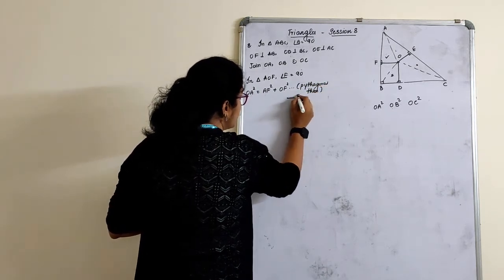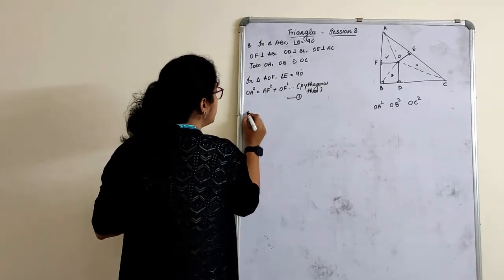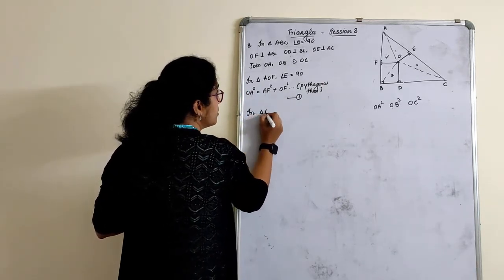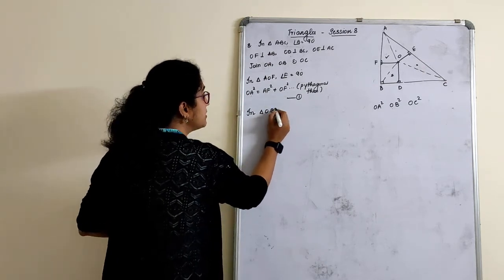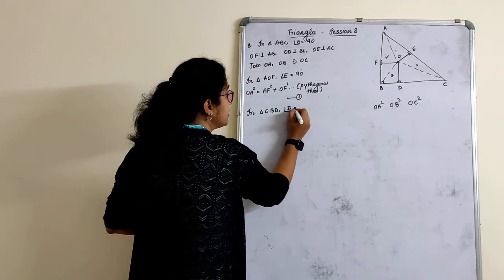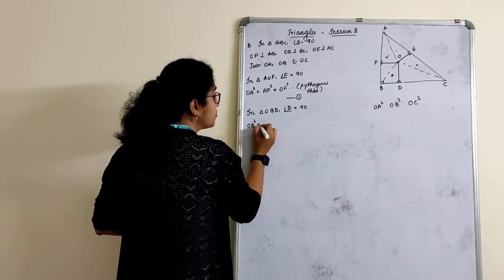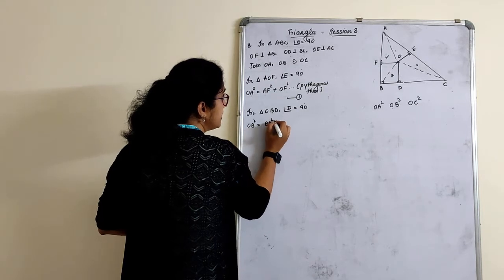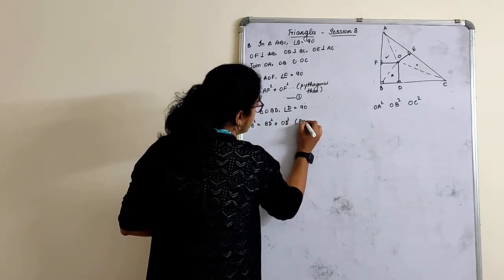This is equation 1. Next, I will use in triangle OBD. Angle D is equal to 90 degree. So this is OB square is equal to BD square plus OD square. So Pythagoras theorem.